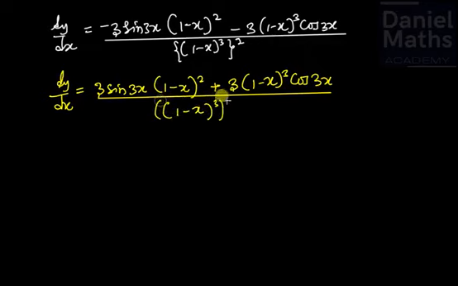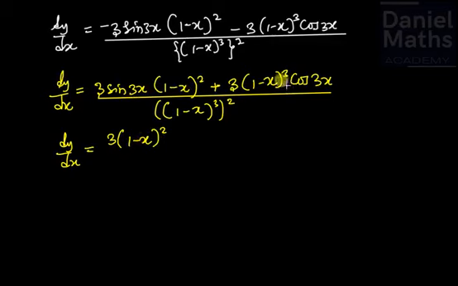So dy over dx is equal to, looking for a common factor, we see that there's 3 here and 3 here, so 3 is a factor. Also we have 1 minus x raised to the power 2 as a common factor, so we put this into a bracket.